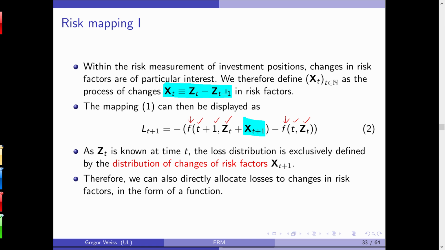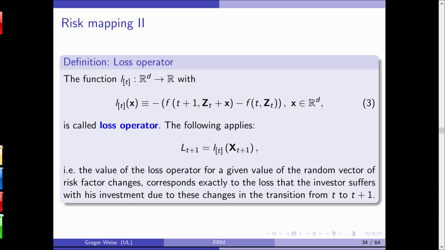And this we can directly associate losses to changes in risk factors in the form of a function. And this is what we now refer to as a loss operator. If we apply this function to a set of risk factors, we get a loss. What does it mean? This function L of a given set of risk factor changes yields the associated financial loss.